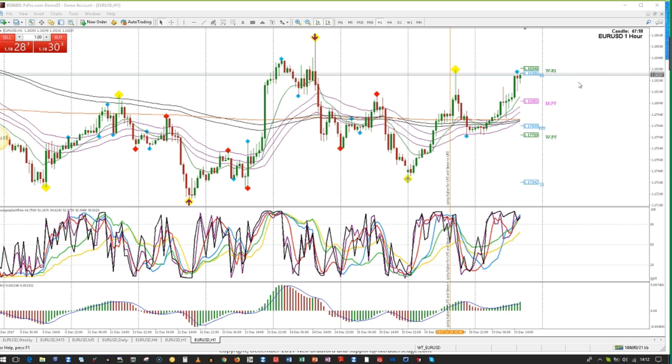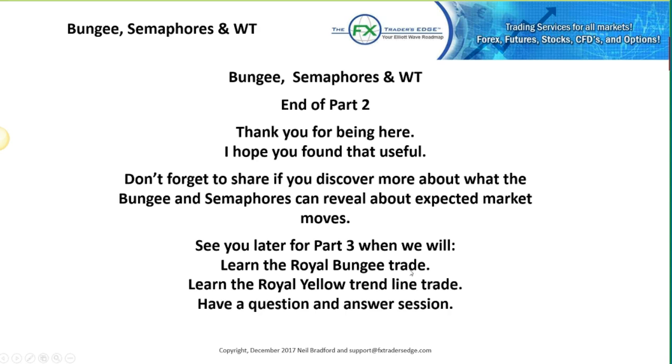Okay, well, if there's no more questions, we're going to leave it at that. Tomorrow, Royal Bungee trade, Royal Yellow trendline trade. These are trades using the Bungee and the Semaphores in their own right. Yeah, which just really confirms.